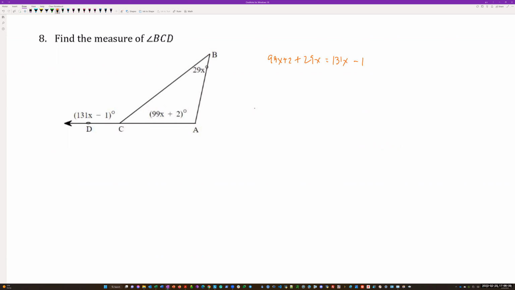So then this 29 plus this is 128x. And this is 131x. Then this would be like plus 3 if we add the 1 here. And subtract this, you would get 3x. So x is 1. Does that make sense? Then it says find BCD. So BCD is this. So therefore it's 130, because you plug the 1 back in. Does that make sense?